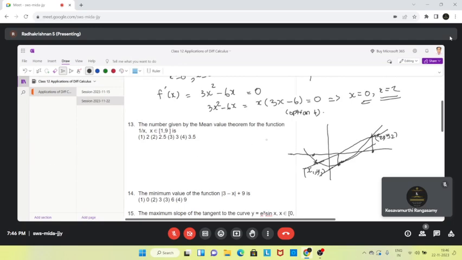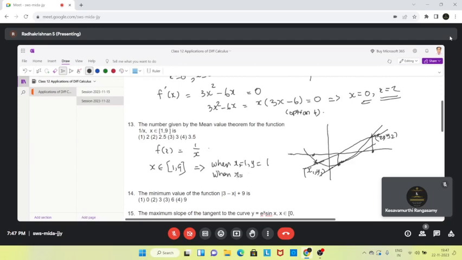So what you do, you have the 2 points. X is in the range 1 to 9. So f of x equal to 1 by x. Since x is in the range 1 to 9, what are the 2 points? When x equal to 1, y equal to 1 by x, which is again 1.